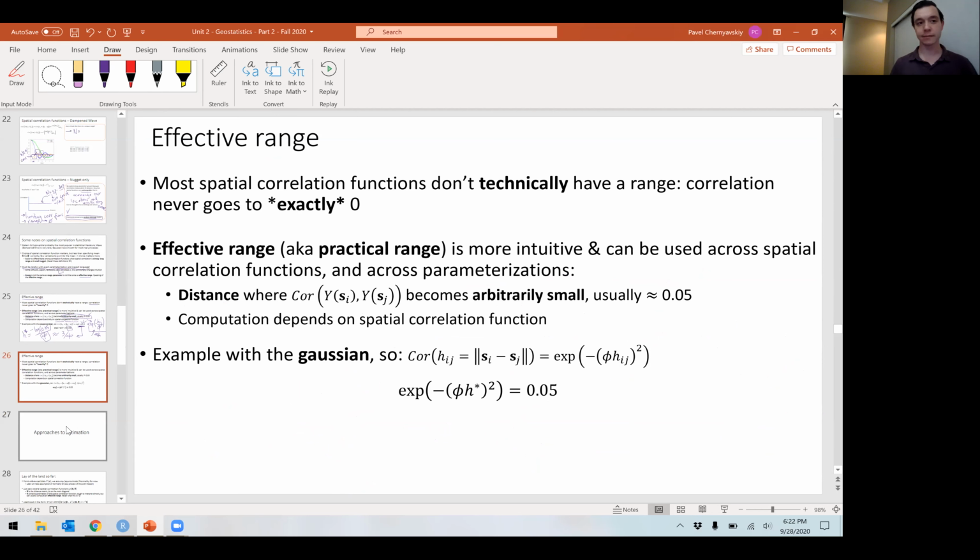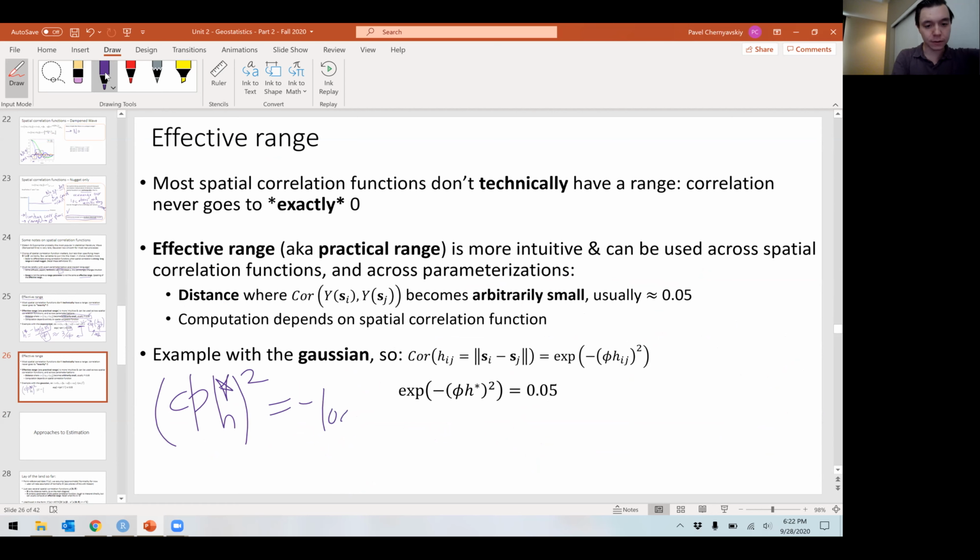This is the Gaussian. Well, you guys can kind of guess what's going to happen. We're going to take the log of both sides and multiply both sides by -1. So we get phi h star squared equals negative log 0.05.